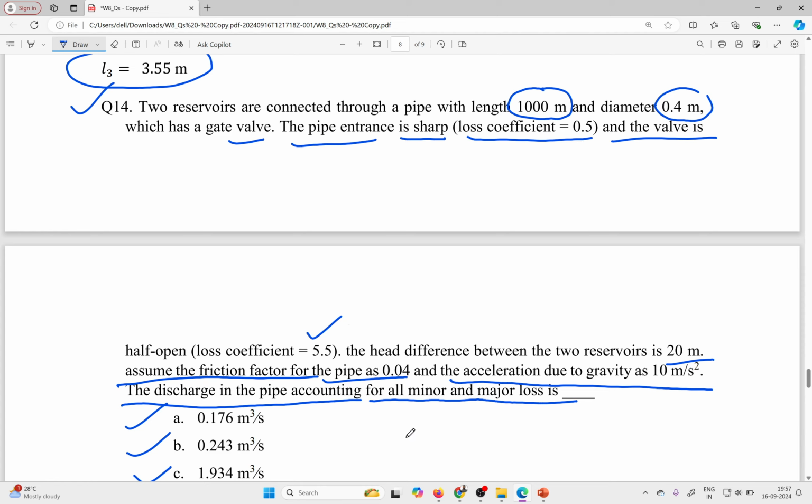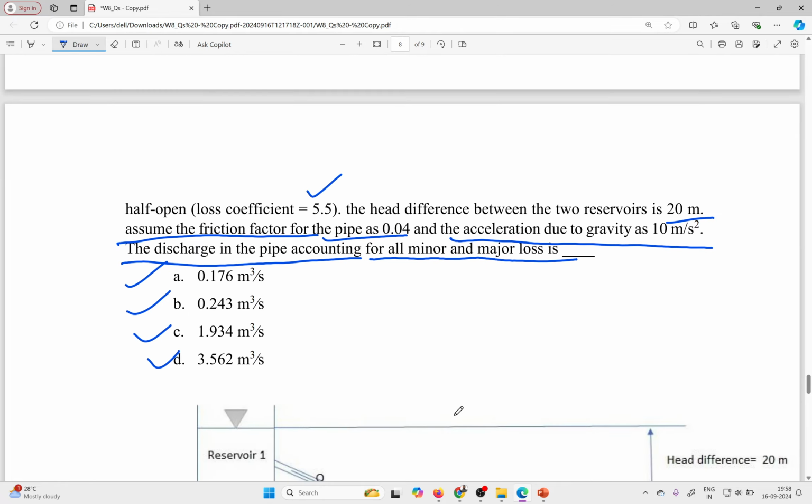You can think for 1 minute about how you will write the equations. If you understand the concepts and can write the equation, then the calculation is not a big deal. Okay, now I will show you the answer.